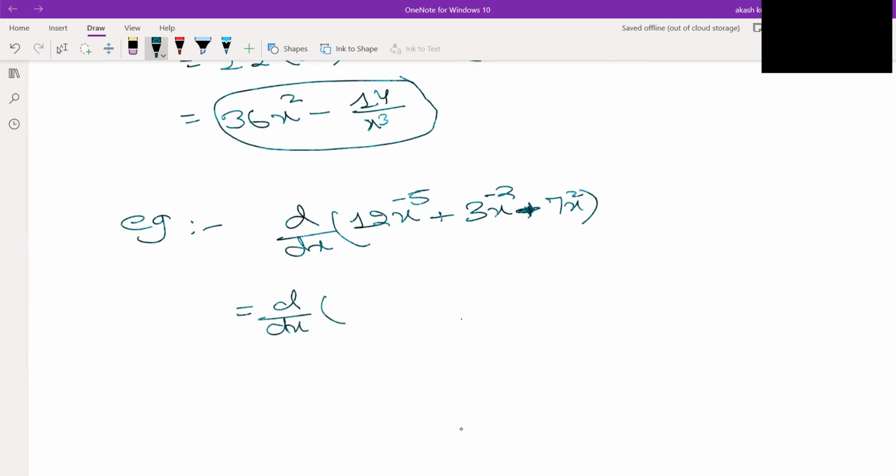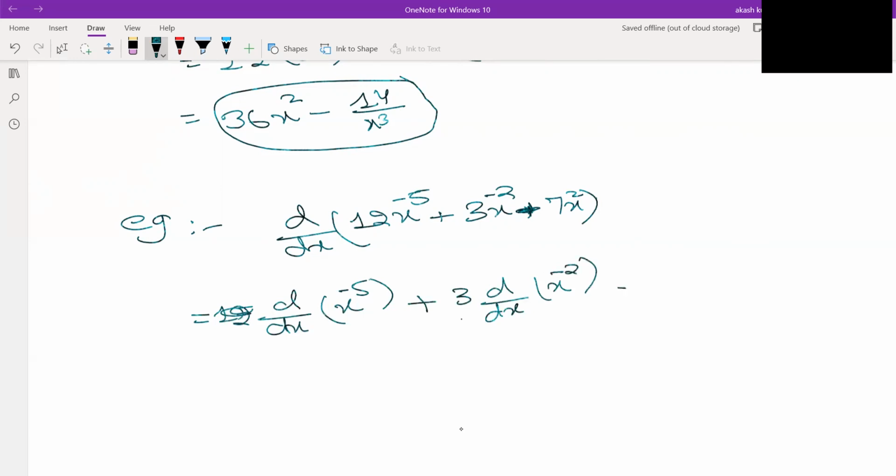Okay, so the first one, before the dx there will be 12. You mean here? Yeah. Okay, and then it will become x to the power of minus 5. And then the second one will be the same, 3 d over dx of x to the power of minus 2.